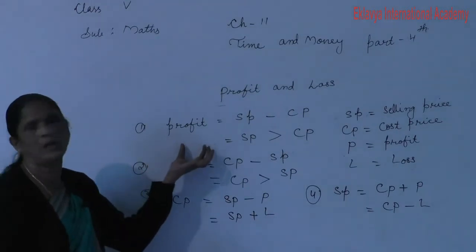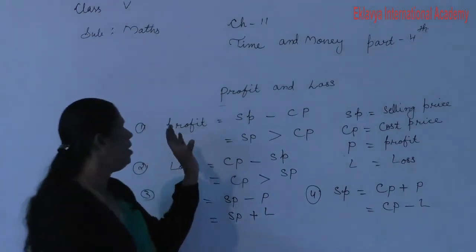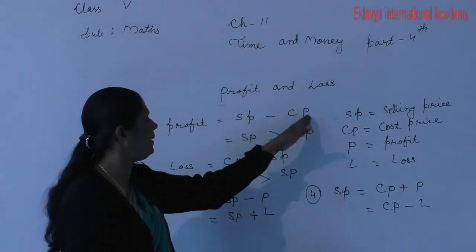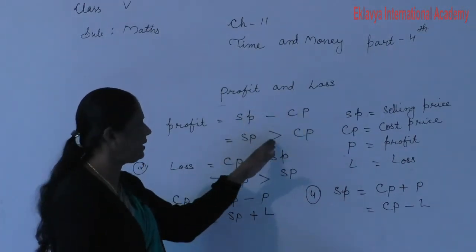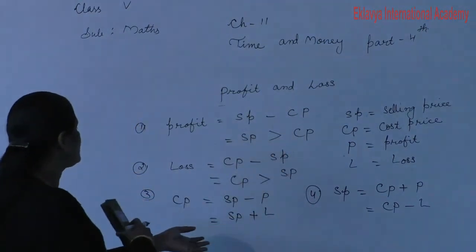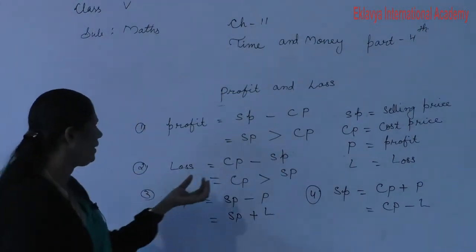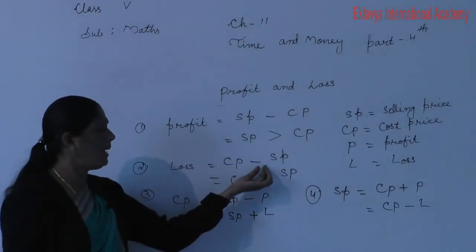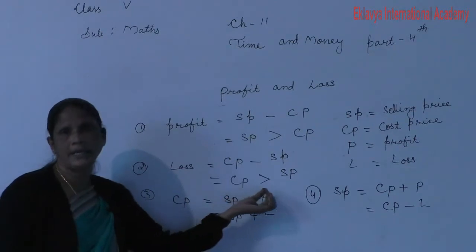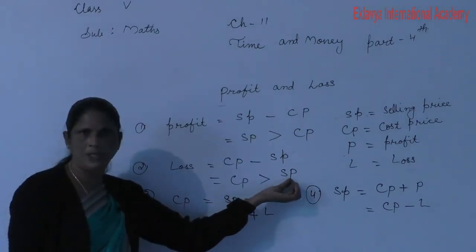First, how to find the profit? Profit is equal to SP minus CP, where SP is greater than CP. Then loss is equal to CP minus SP, where CP is greater than SP.